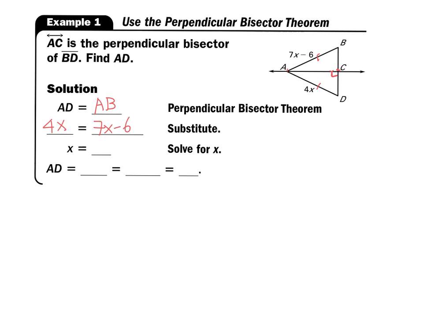And then with a little bit of algebra, if you know your algebra well, you should be able to solve for x equals 2. And then you plug x back into 4x because AD is 4x. So I should have 4 times 2, which gives me the length of AD is 8. Okay? Again, one theorem takes care of everything. It's really powerful.